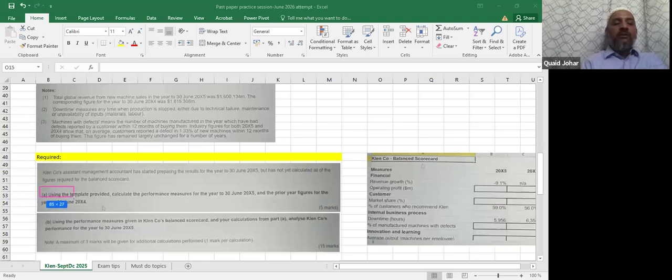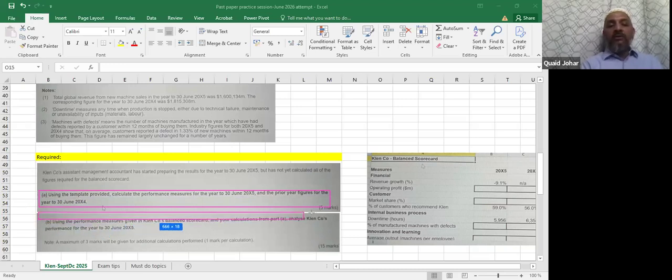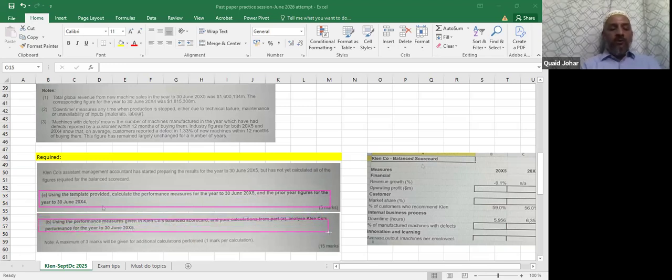Requirement A: using the template provided, calculate the performance measures for the year to 30th June 2005 and the prior year figures for the year to 30th June 2004. And requirement B: using the performance measures given in the Clan Company Balanced Scorecard and your calculations from Part A, analyze Clan Company's performance for the year to 30th June 2005.